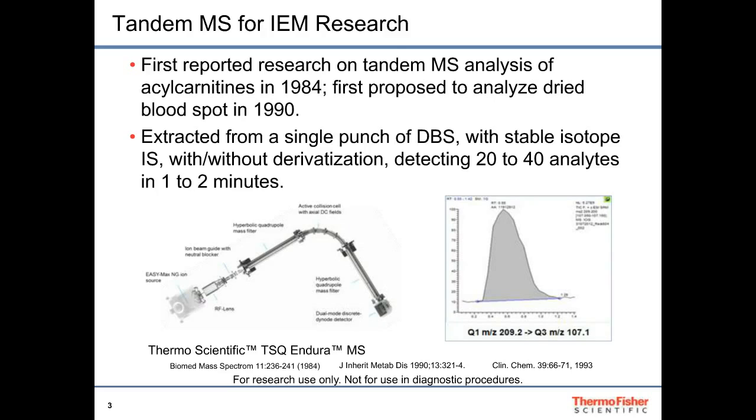That's the Q1 mass filter, and selectively sent to the second Q2 collision cell, where they collide with argon or nitrogen to form fragments. These product ions are then isolated in the third quadrupole, which is the Q3 mass filter, and selectively sent to the detector.